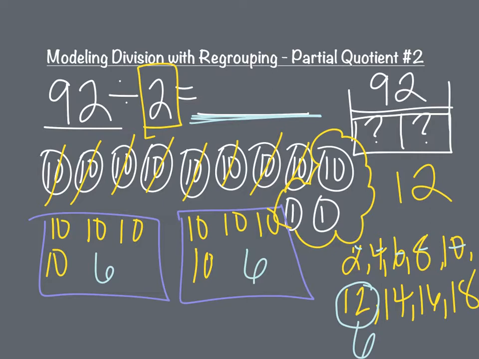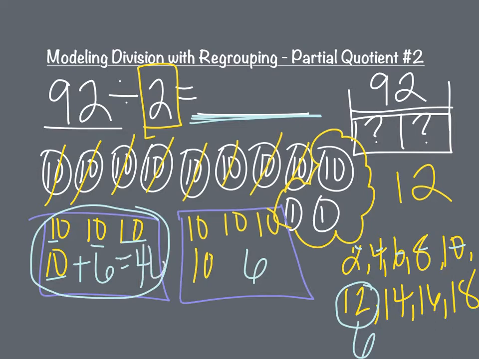What is my quotient? Excellent job. Yes, I would have to add all of the numbers inside of one of my groups. So 10, 20, 30, 40, 40 plus 6 equals 46. My quotient is 46.